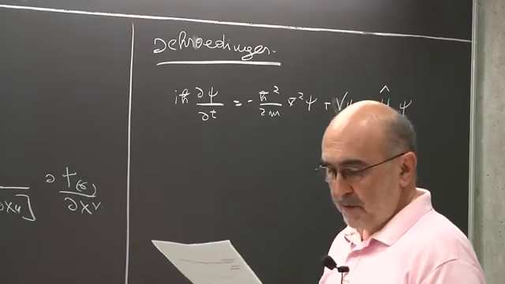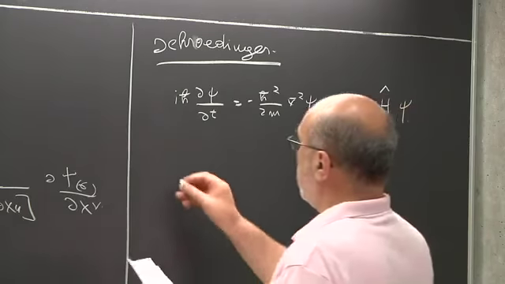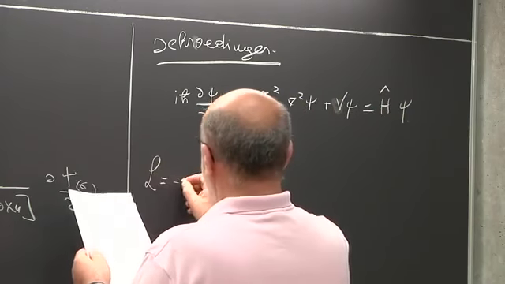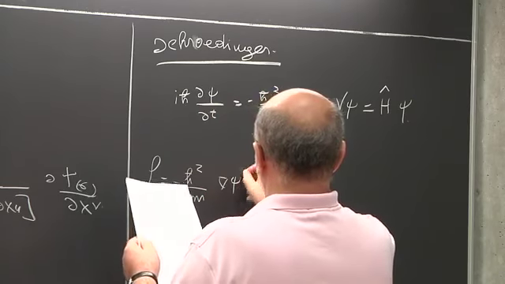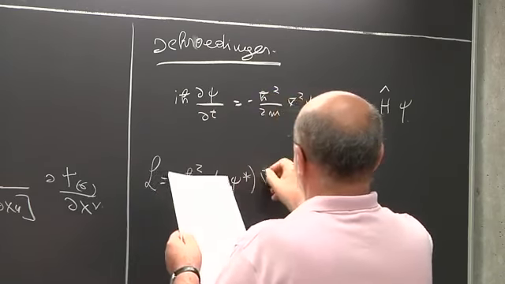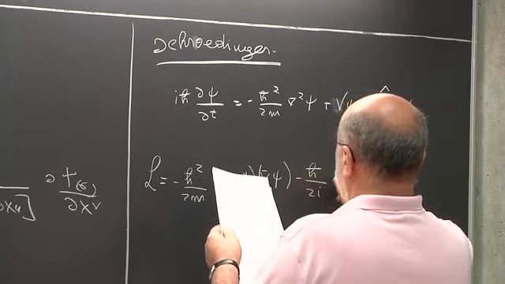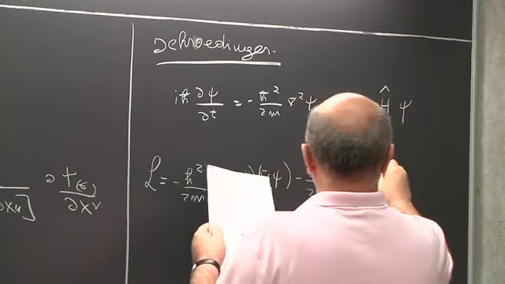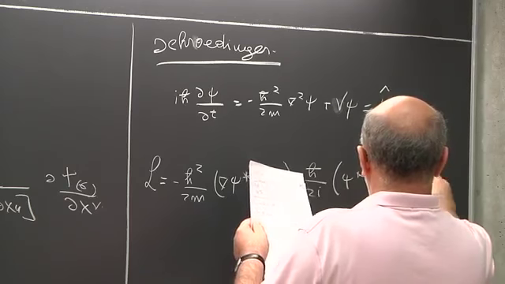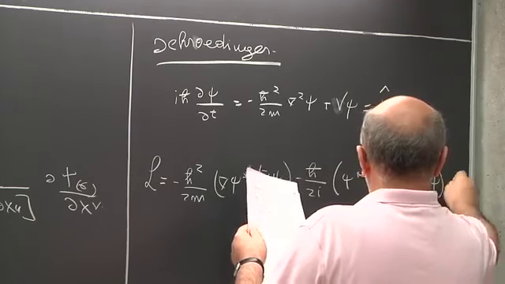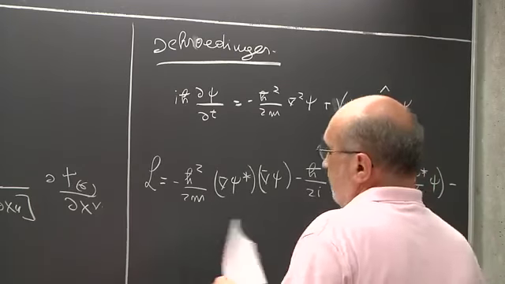We want to derive this from a Lagrangian, from a variational principle, and it's easy to see that the Lagrangian is the following: minus h bar squared over 2m gradient of psi star, gradient of psi, minus h bar over 2i psi star d psi dt minus d psi star dt psi, minus psi star V psi.